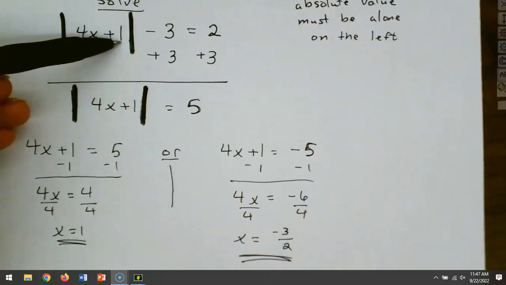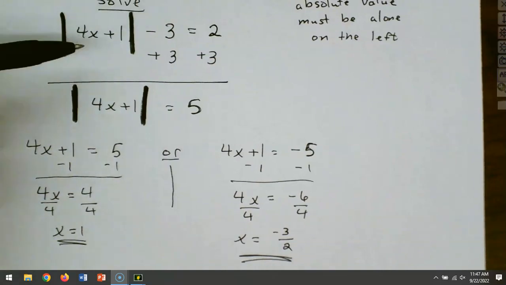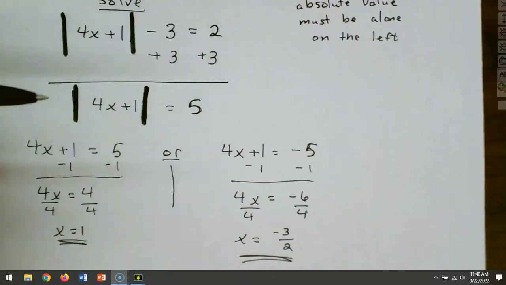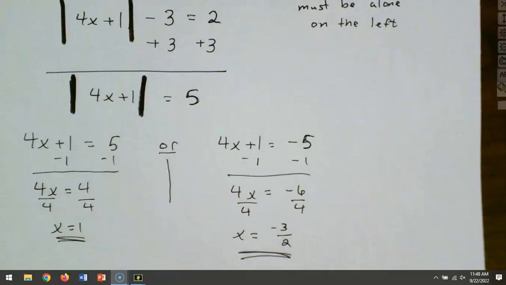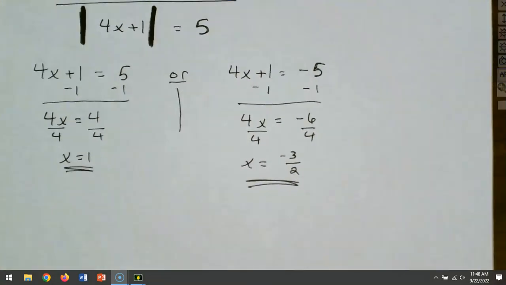Absolute value of a minus 5 is positive 5. 5 minus 3 again is the 2. So you get 2 solutions. Now, they can both be positive, they can both be negative, or they can be a mixture of both. So don't just think that they're both different signs. They can be the same.